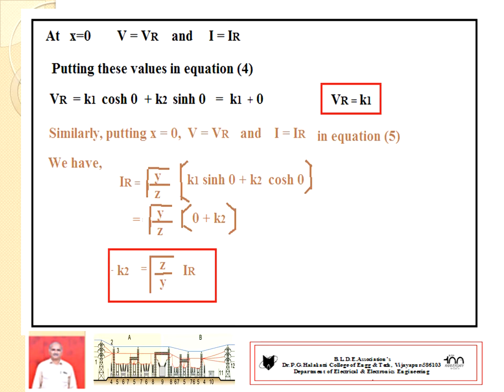So we are getting the K2 term only. Hence IR equals square root of y by z into K2. Therefore K2 equals square root of z by y into IR. Hence from equations 4 and 5, from initial conditions, it is possible to determine the unknown constants K1 and K2.